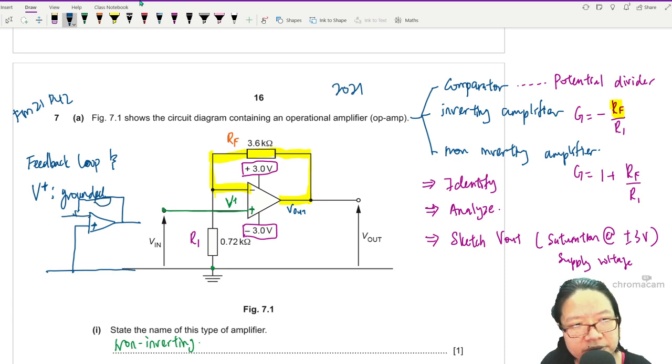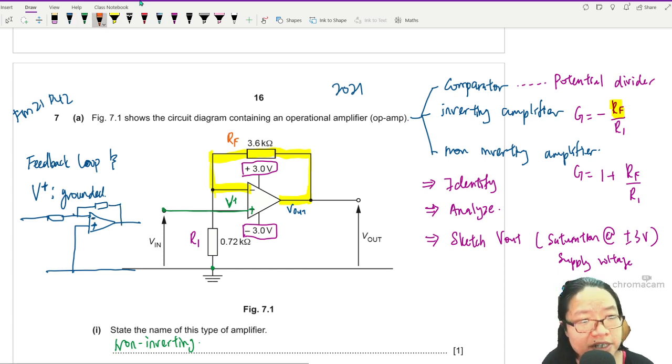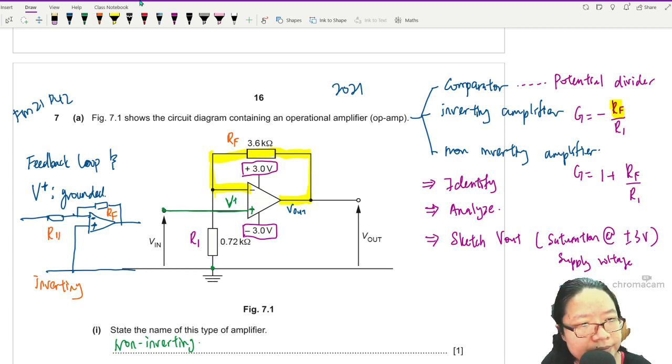This is the inverting amplifier. Let me fit the resistor here. This is minus, so this is inverting. This is your RF and this is your R1 or Rin. This is inverting. This is non-inverting because V plus is not grounded.